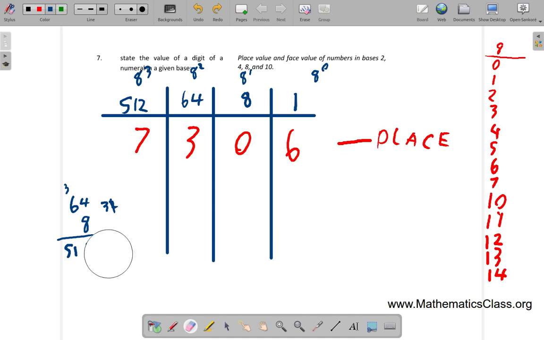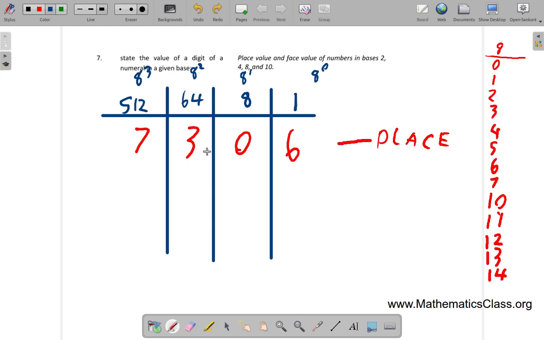So let's look at the place value of each. First of all, the value of this place is 1s, the value of this place is 8, the value of this place is 64, the value of this place is 512.